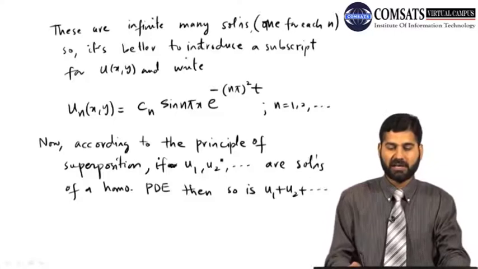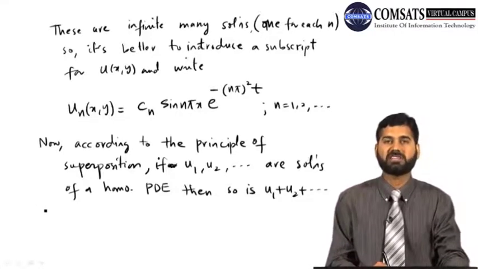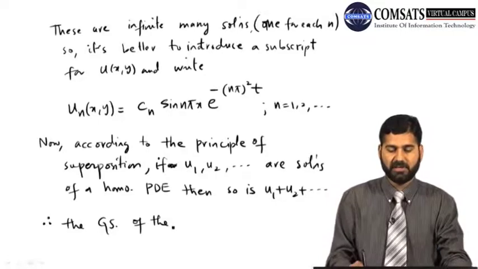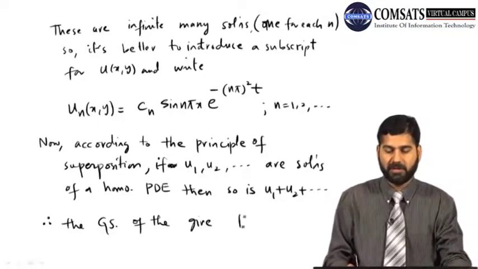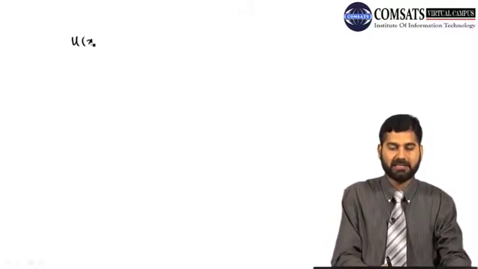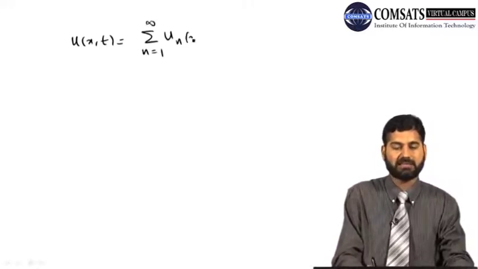Alright, so we can use this principle of superposition to construct the general solution. So therefore, the general solution of the given PDE is u(x,t), which is basically the sum over all the values of u_n(x,t).